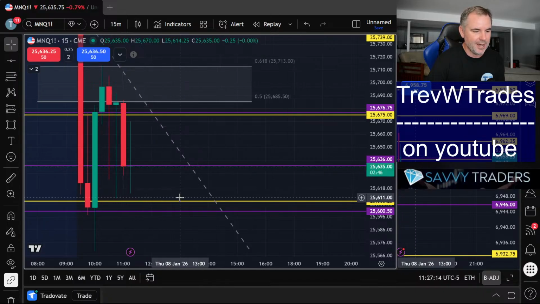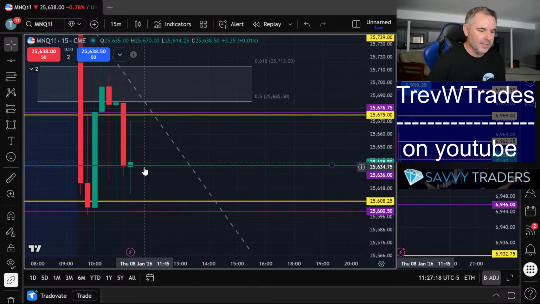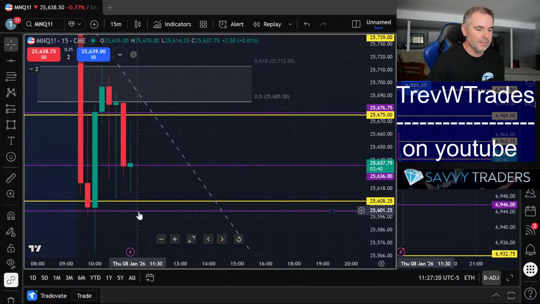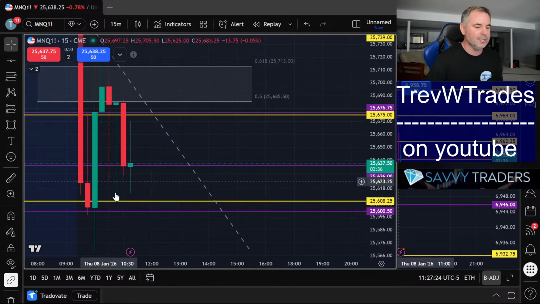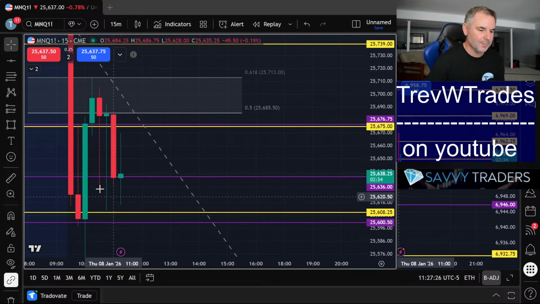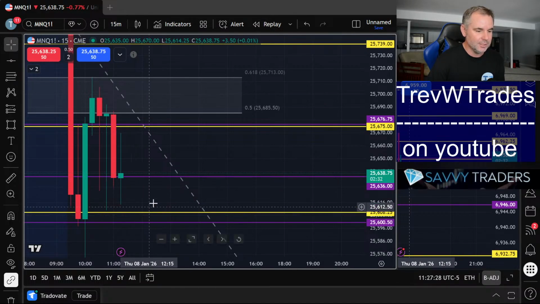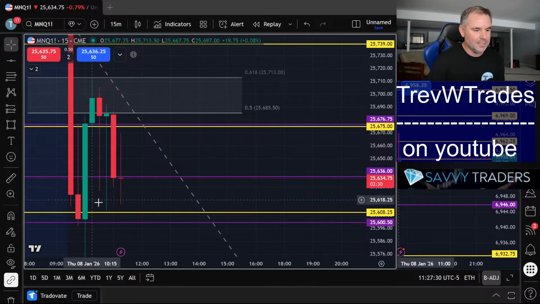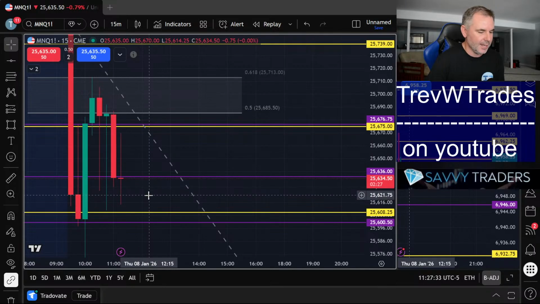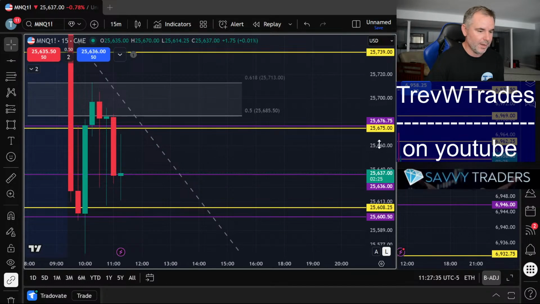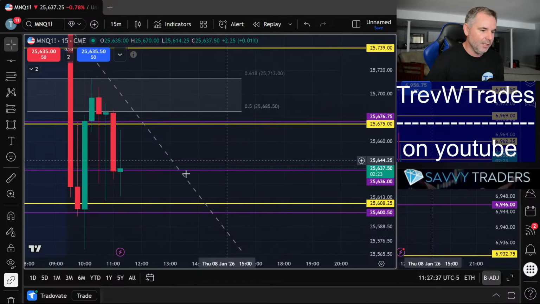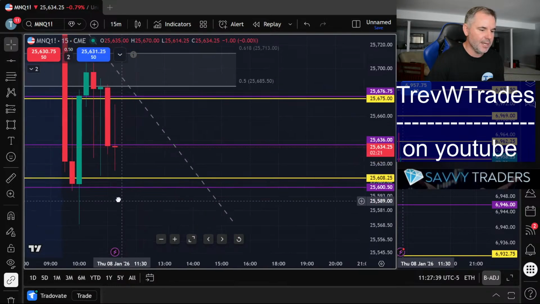But you guys see how much support there is here? Between this savvy level and my target, there are 3 lines of support. So this zone is just a massive buying area. This is where buyers are stepping in. So I'm not looking for a continuation per se.